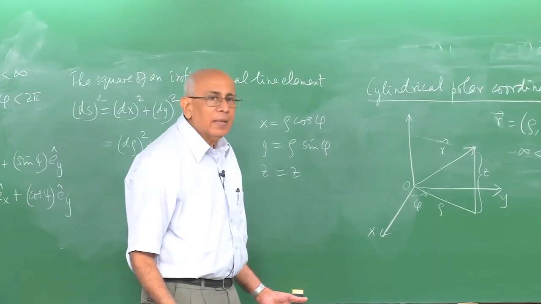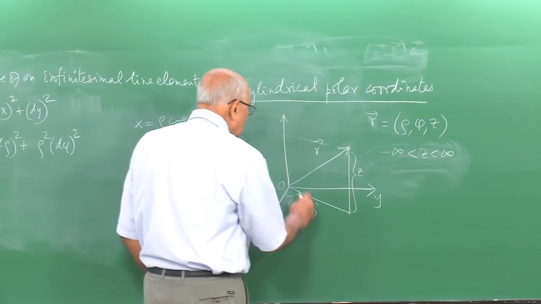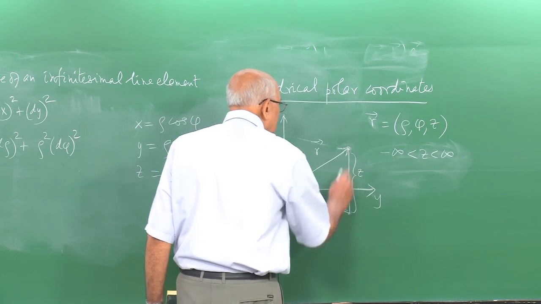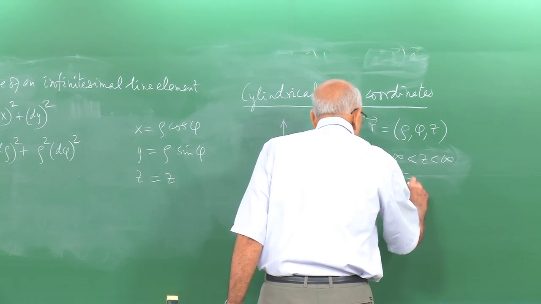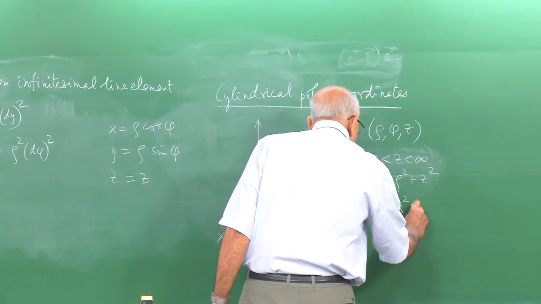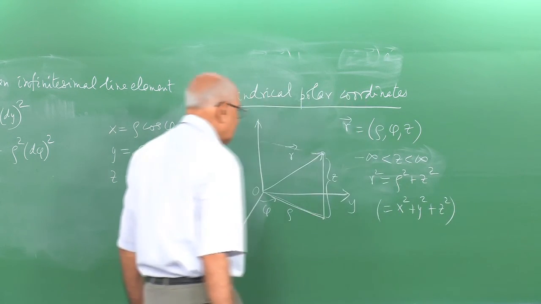What's the line element now? That's all that remains. The line element is the square of the distance between 2 points. So you can see by the Pythagoras theorem that r squared is rho squared plus z squared, and rho squared is x squared plus y squared, of course.